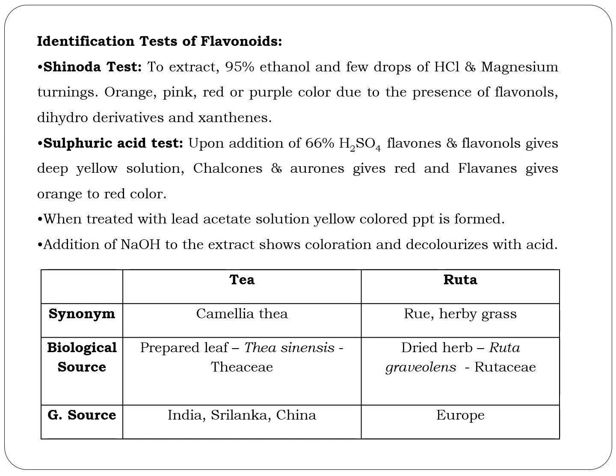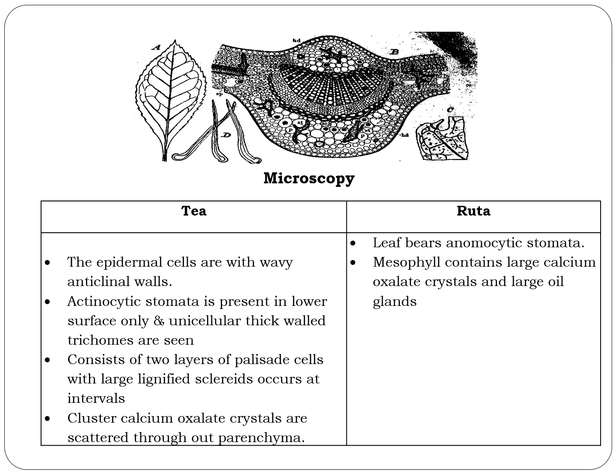The biosource of tea is the leaf of Thea sinensis, which belongs to the family Theaceae, whereas ruta is the dried herb of Ruta graveolens belonging to the family Rutaceae. The tea plants are widely distributed in India, Sri Lanka and China, whereas ruta is widely distributed in European countries.